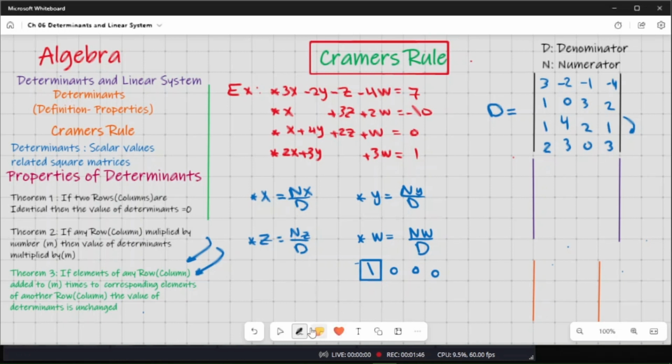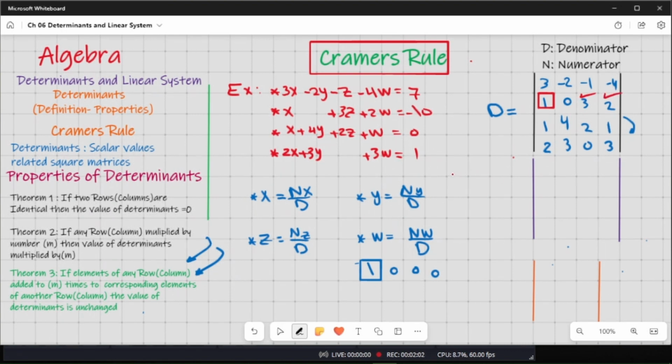Okay, so if we look here, we have element 1, so we can easily convert 3 into 0 and 2 into 0.